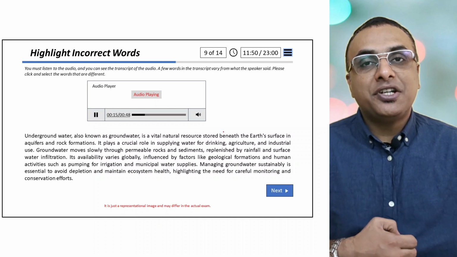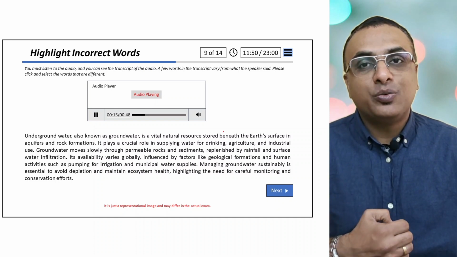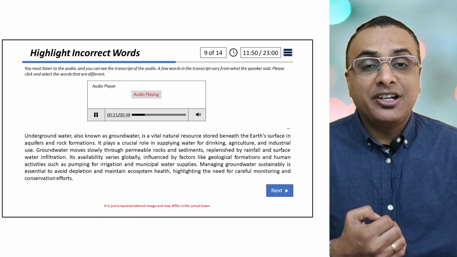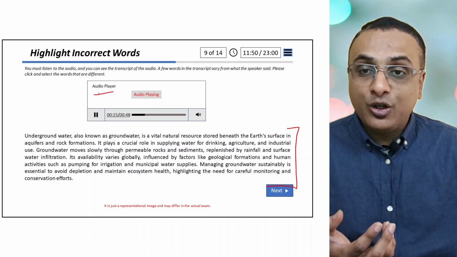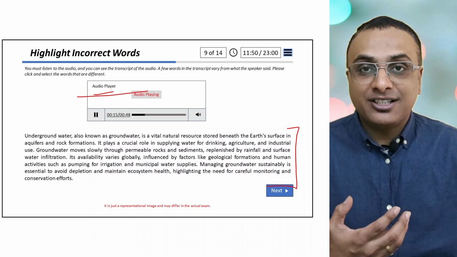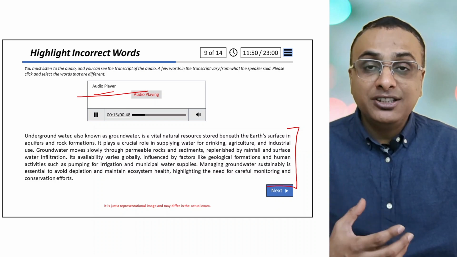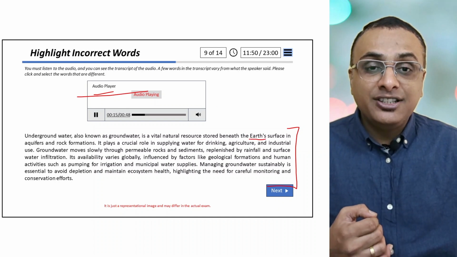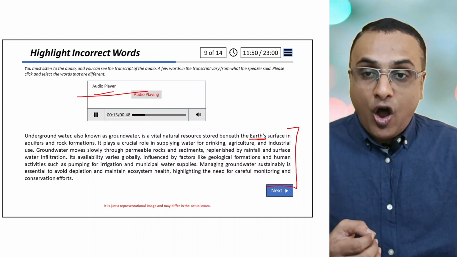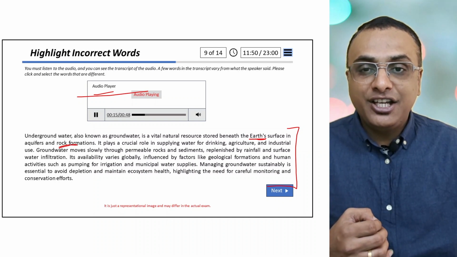Let's look at a representational image of your highlight incorrect words question. As mentioned earlier, the transcript is displayed in the form of a paragraph. The audio player will read the same transcript, but there will be some words that will differ in the audio. Say something like, instead of earth, they will say Mars. Or instead of rock, they may say shock.